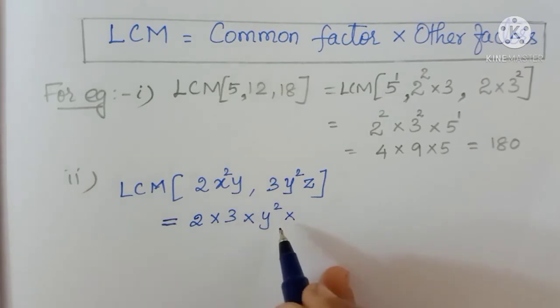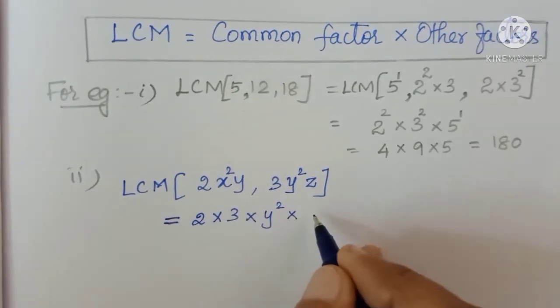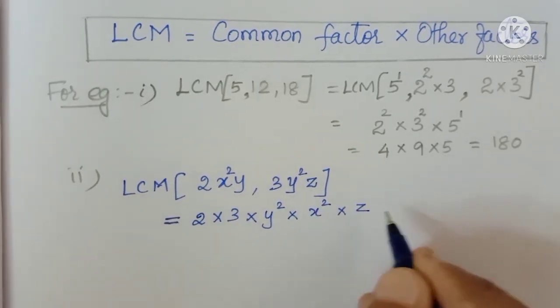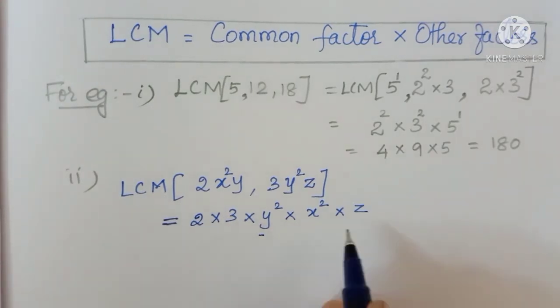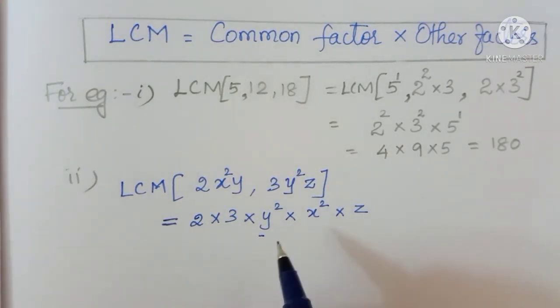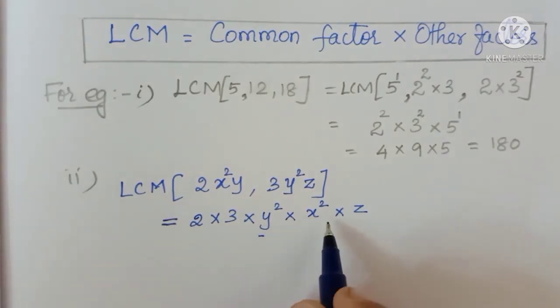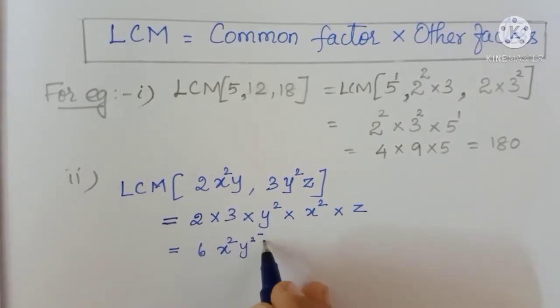This is the common factor we have written. In other factors, the variable x squared is there, and one more variable z is there. Only one term is common, that is y, and all the remaining terms come under the other factors concept. So 2 into 3 into y squared, x squared, z. Multiply and you will get 6. I'll write it in order: 6 x squared y squared z.